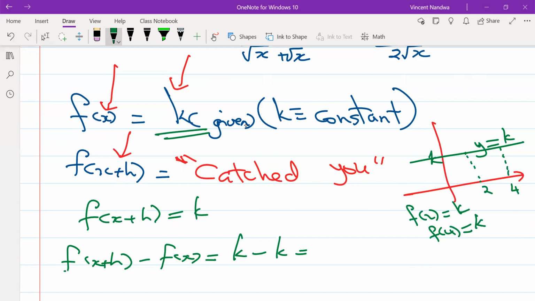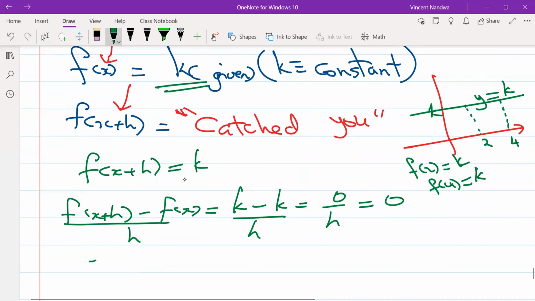Or you want us to divide by h. So that will be k minus k, 0 over h gives you 0.